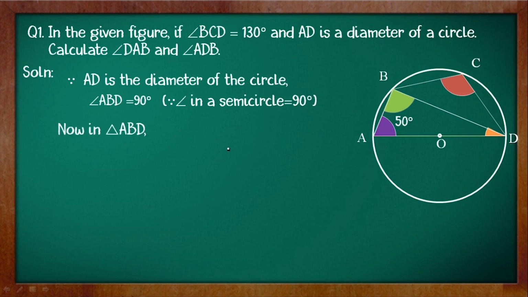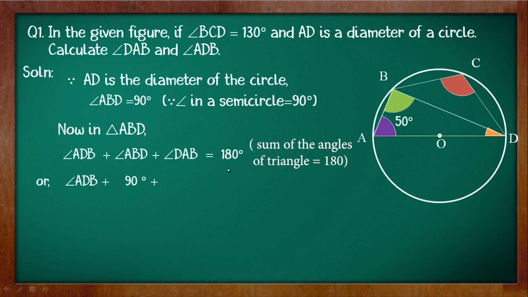Now in triangle ABD, we have angle ADB plus angle ABD plus angle DAB is 180 degree, because the sum of all the angles of a triangle is 180 degree. Now angle ABD is 90 and DAB we found to be 50.